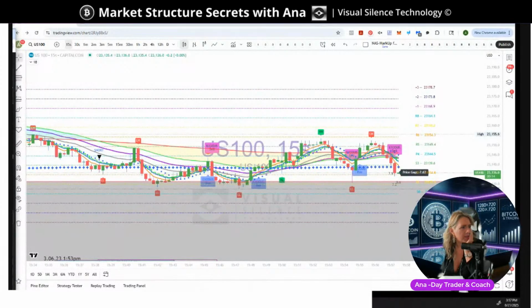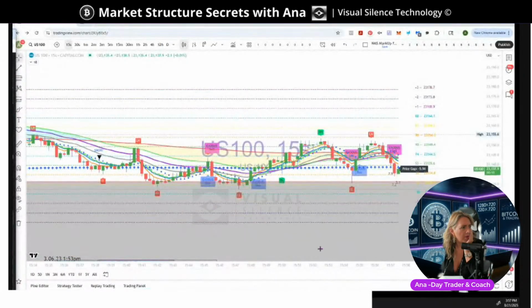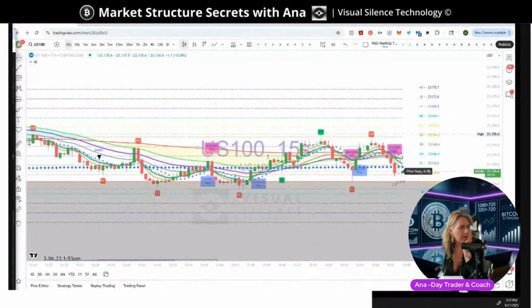Should have been in a little bit sooner. It's right at the support level here, and it's touching the support level. So my anticipation is for it to get down further. Sell down to that 800.